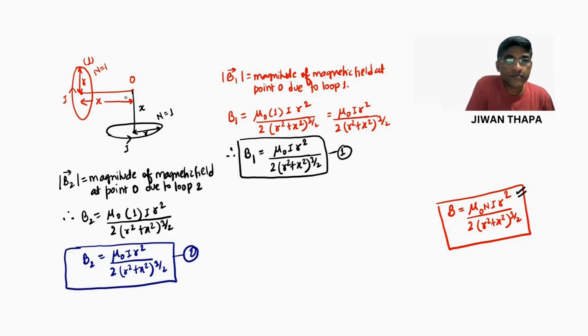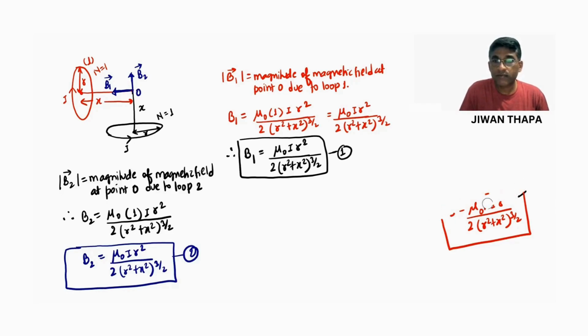And we know, okay, B1 is directed towards loop 1 and B2 is directed along this direction. It is directed away in upward direction, okay? This is B2 and this is point O. Now, we must find the resultant, okay?